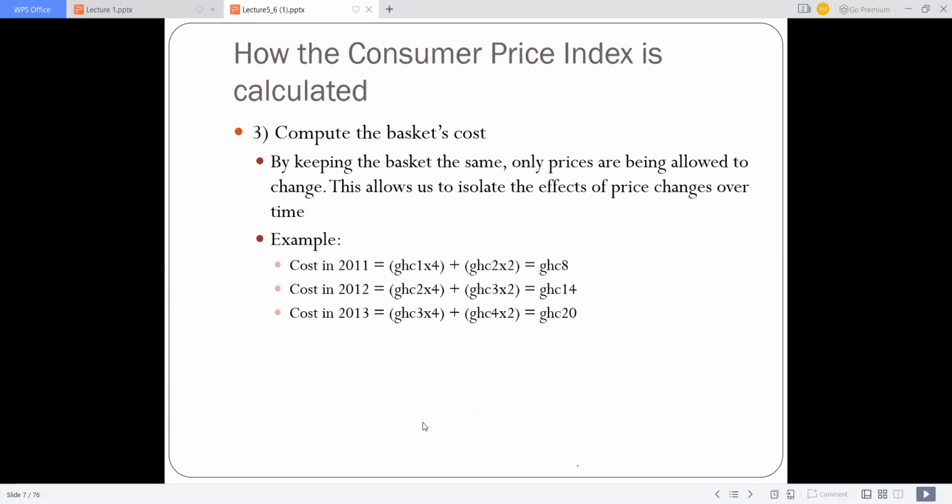So in our scenario, they said the person demanded 4 balls of Kenke, and the price of 1 Kenke is 1 cedi according to 2011. So I multiply the 4 balls of Kenke by the price of Kenke, which is 1 cedi. And they said 2 fishes, right? And 1 fish costs 2 Ghana cedis.